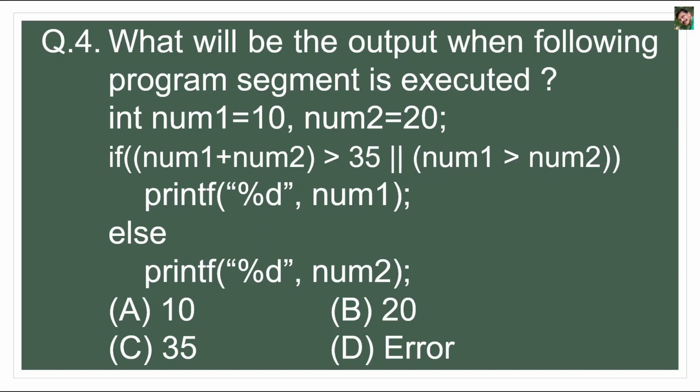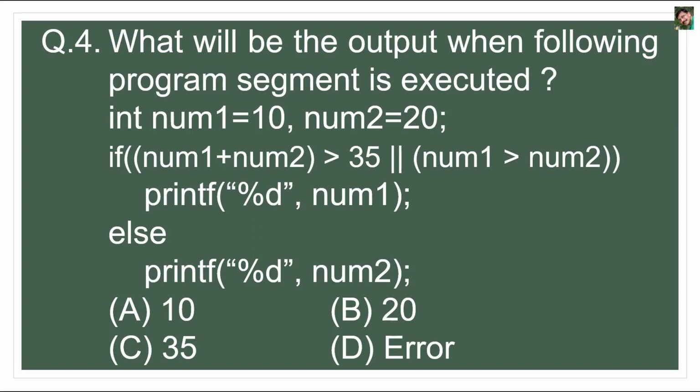So that is OR. OR is indicated by two vertical lines, which in computer language is called pipe. So two pipe signs. And another condition is num1 greater than num2. Either the total of both the numbers should be greater than 35, or num1 is greater than num2.